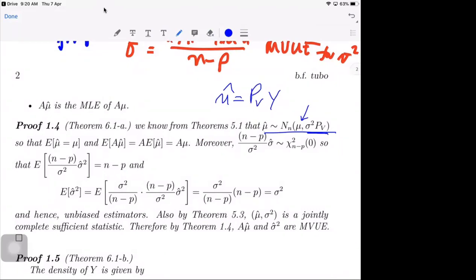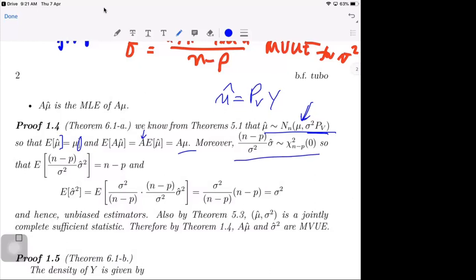So the mean vector is mu and our covariance matrix is sigma squared P_V. So the expectation of mu hat will be mu, and the expectation of A mu hat, where A is just an arbitrary constant matrix, you can take it out of the expectation sign. So that is equal to A mu.